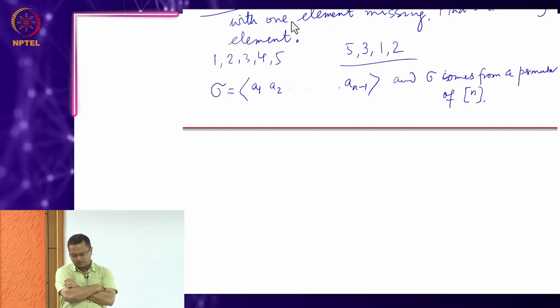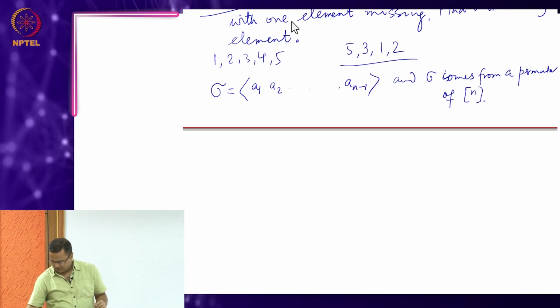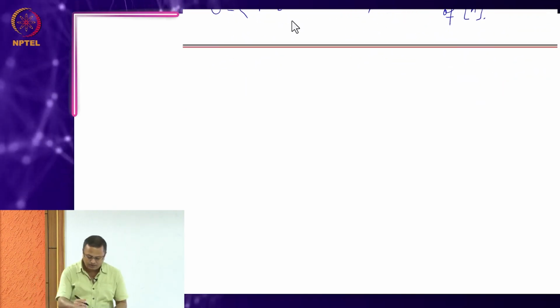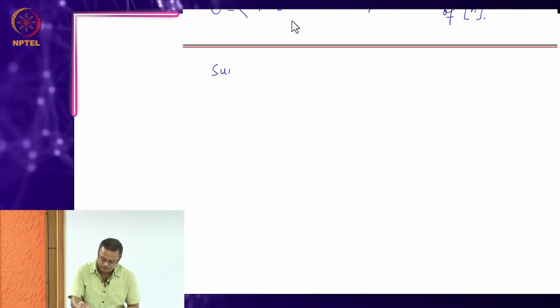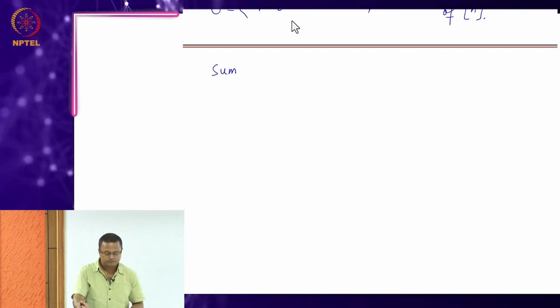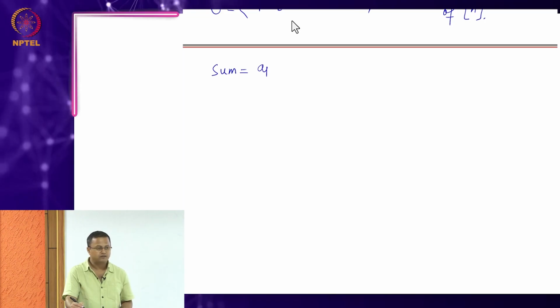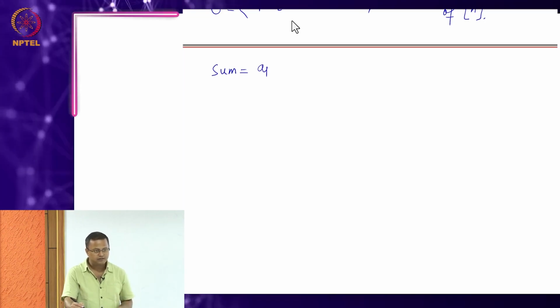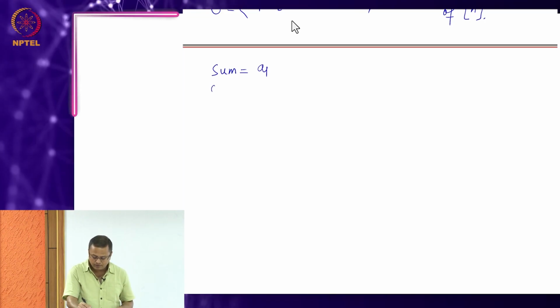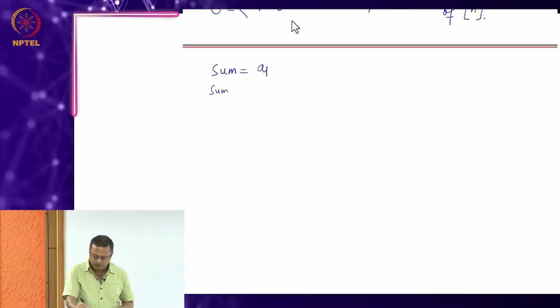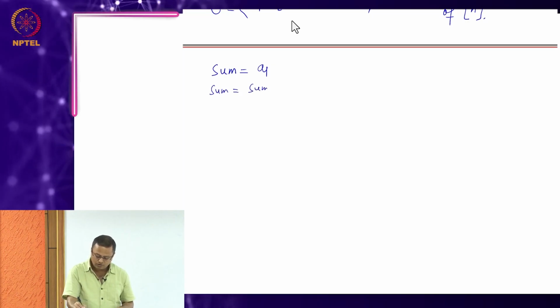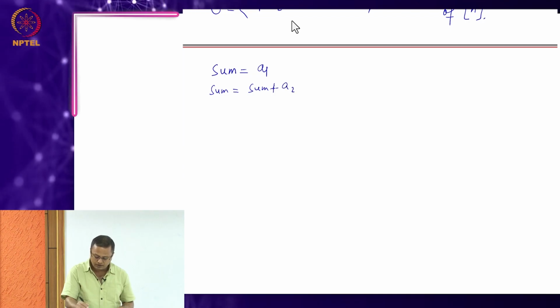Add every element. Okay. So, his idea is as follows: declare a sum variable. So, that means it is a space. So, you add this. In the next step, make sum equals to sum plus A2, go on.